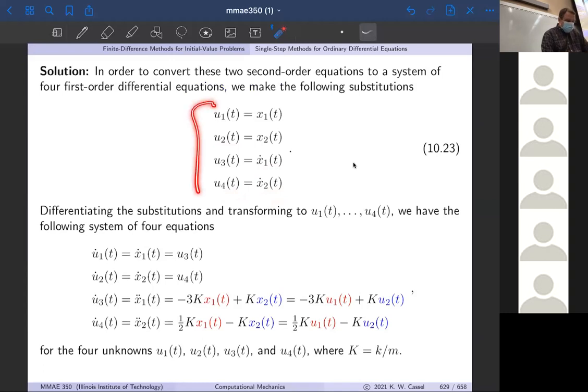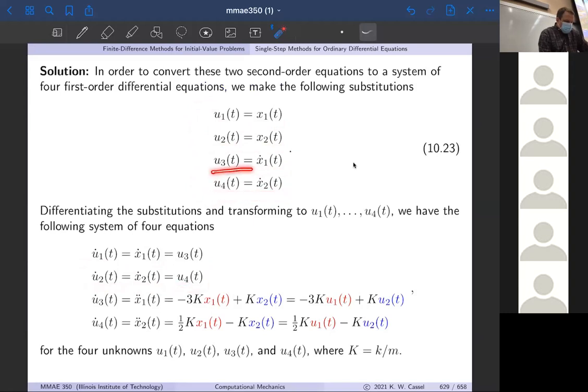Once again, I take these and just differentiate them. So I differentiate U1, it's U1 dot. Differentiate x1, that's x1 dot. But x1 dot is U3. U2 is equal to x2, that's this one. So differentiate, U2 dot is x2 dot, but x2 dot is equal to U4.